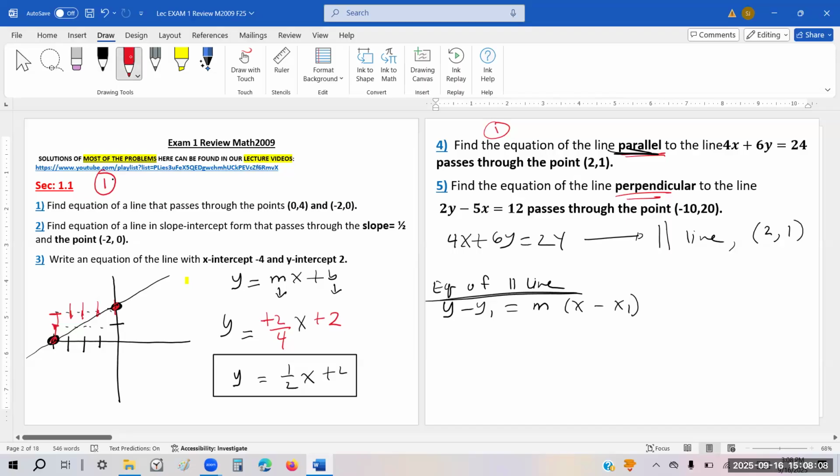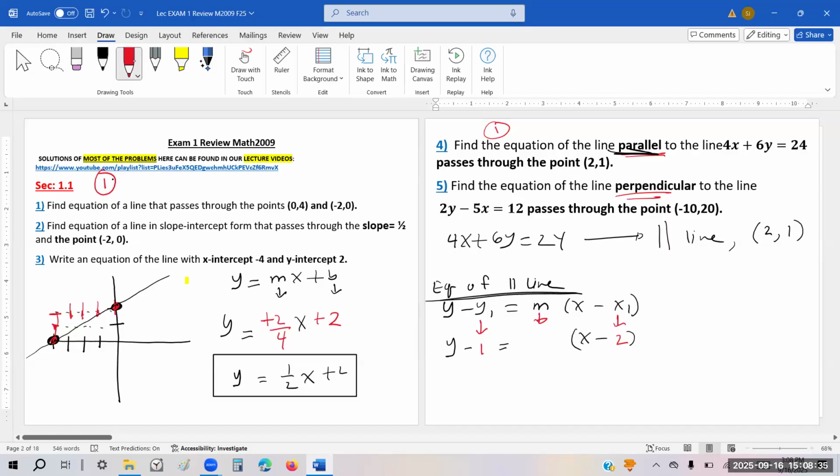So in here, they gave us y1 and x1. Let me write them down. What is the y1 in this equation? 1. And what is x1? 2. So we have y minus 1 and then x minus 2 inside. That means the only thing we need to know is m.